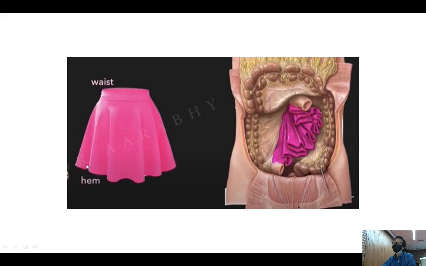Imagine a normal adult sari. That's how you imagine this part. So the root of the mesentery is only 15 centimeters, and the free end of the mesentery is 6 meters long.